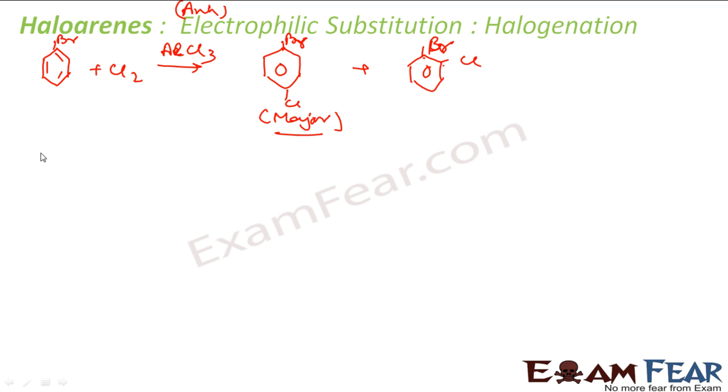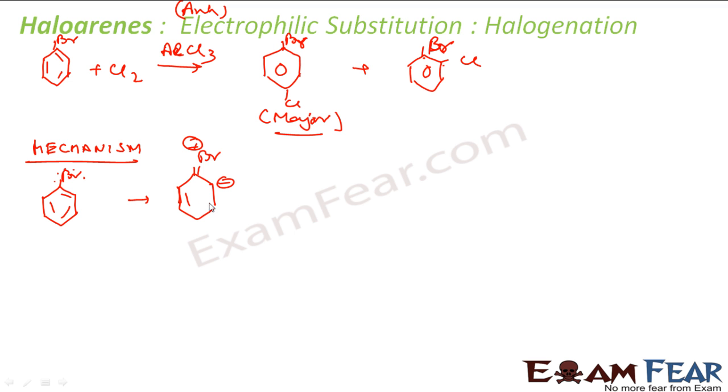So let's see the reaction mechanism now. So this is my compound, Br, let's suppose. If you draw the resonating structure of this, bromine has a lone pair of electrons, it will be Br plus, and then you can break this bond, this becomes a negative charge, and this is what you get.